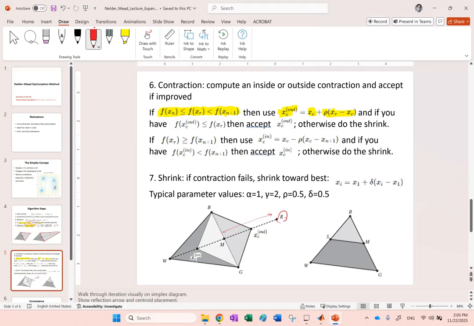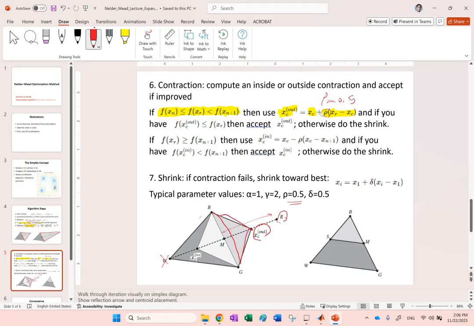Go back a little bit, right? You beat this worst one, but you did not even beat the good one. So go back. By how much? By 50% go back. So this rho that you pick here is typically about 0.5. Hey, you moved too much in that direction. Go back half of what you came. Come back here. And stay here, so now your triangle could be this one.